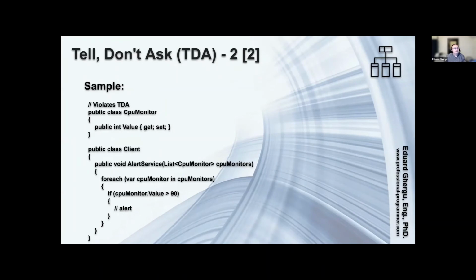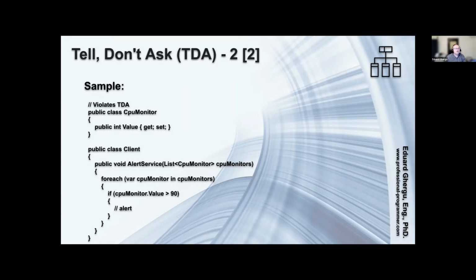In the sample, we have this CPU monitor class with a public value property. And there is a client class that is just getting a list with these CPU monitor instances, and we'll iterate through each of them. And if the value is greater than a certain amount, then we'll get an alert.